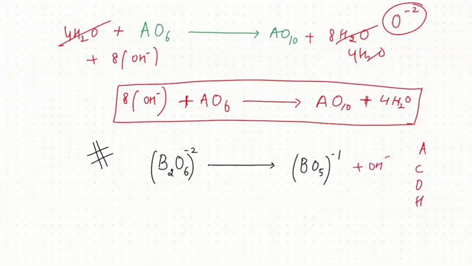What would you do? So first you have to balance the atom, right? So I should put 2 here because there are 2 borons. So I have to make 2 borons here, right?